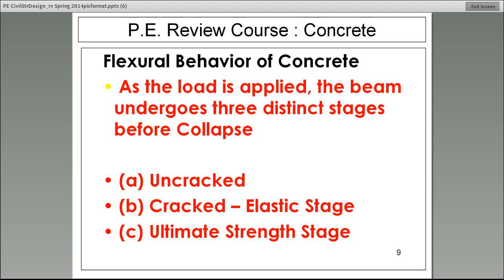Just imagine it's a typical concrete beam, it could be part of a structure like a parking garage.